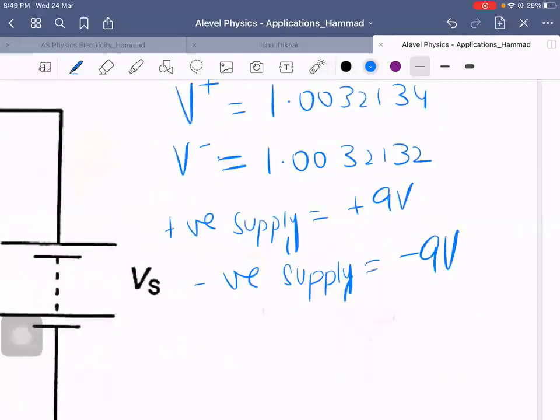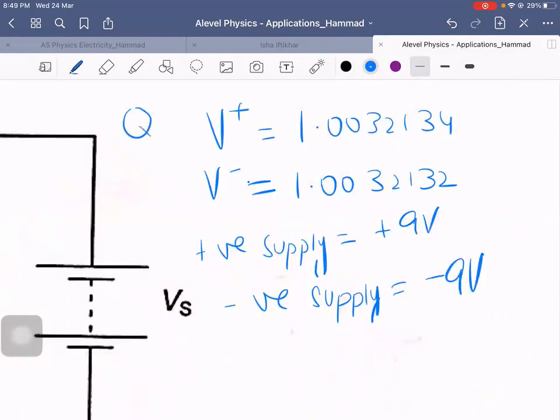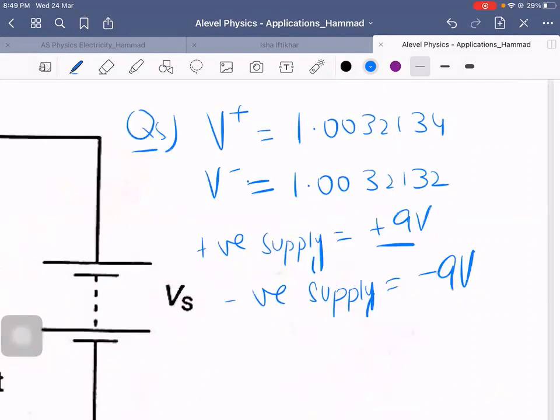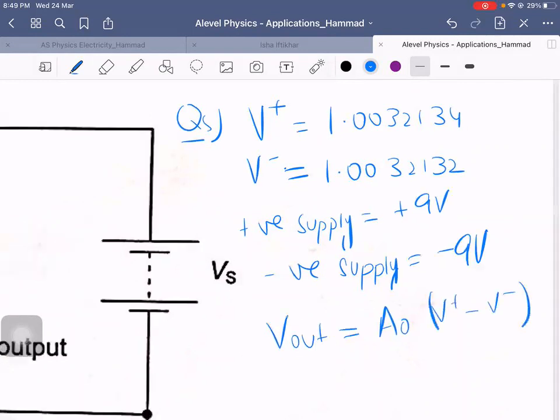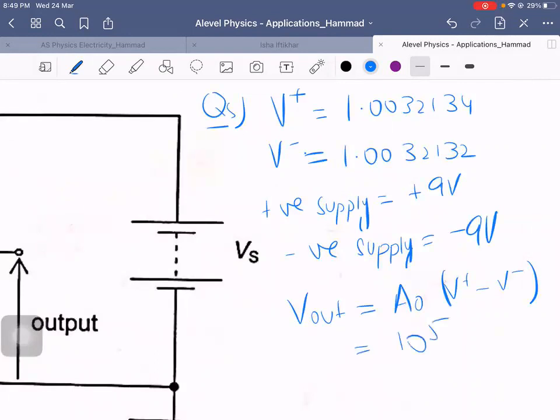Now, for example, you need to understand, let's say I'm provided with this condition. My V plus value is so-and-so, V minus is so-and-so. My positive supply is at 9 volts, my negative supply is at minus 9 volts. If I were to calculate the output voltage, I'm going to simply apply V plus minus V minus. Open loop gain is 10 to the power of 5.